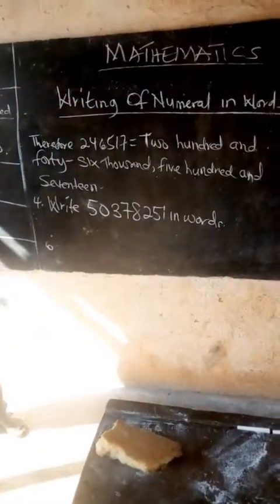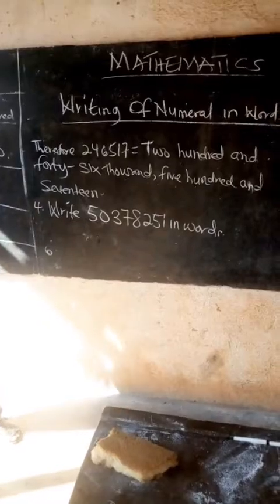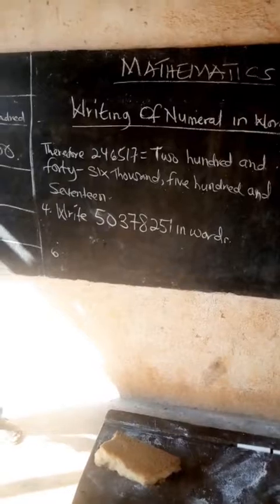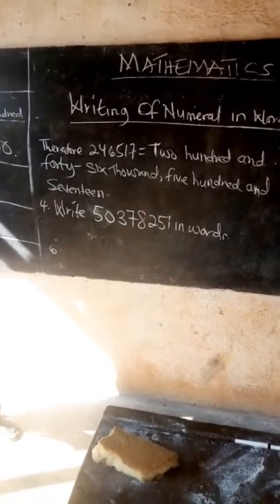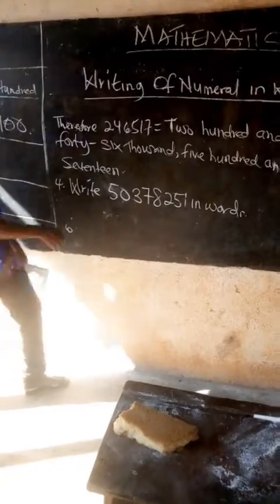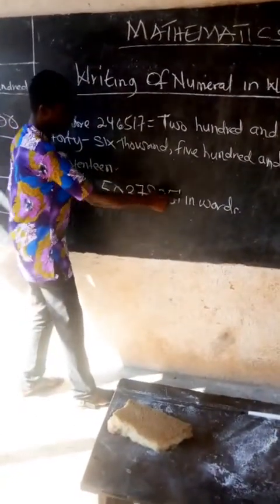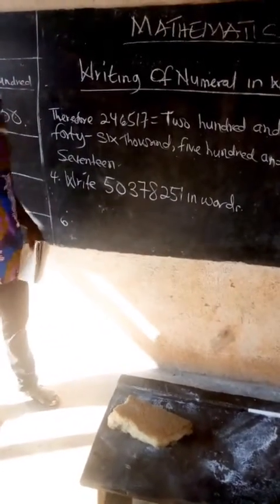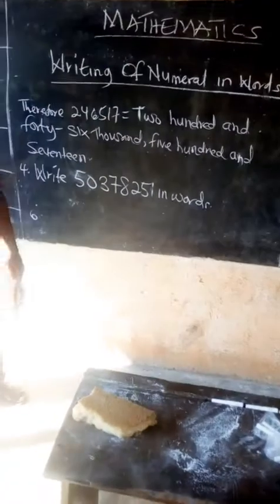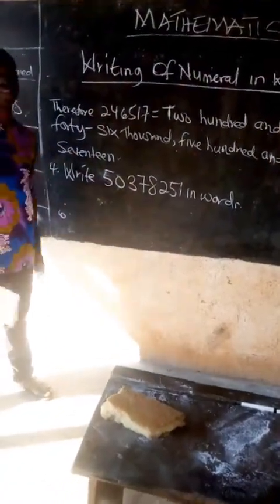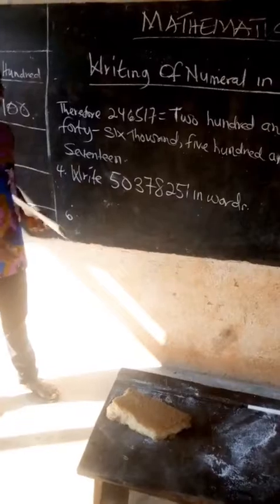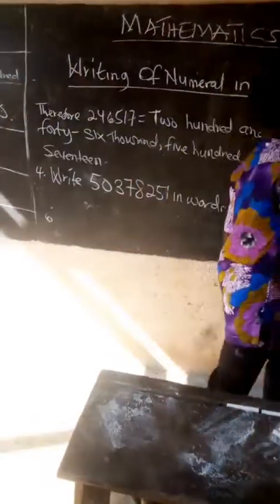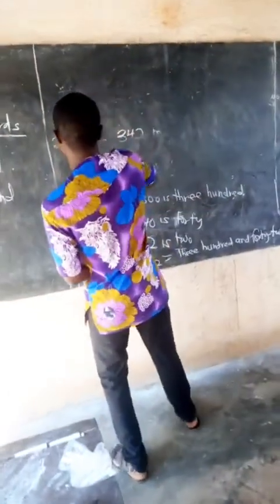If you write this one, mention 50,378,251. 50 million because it has 7 zeros: 1, 2, 3, 4, 5, 6, 7. Million has 6 zeros. So 50,378,251. That is how this figure is mentioned. We are going to write it in words.